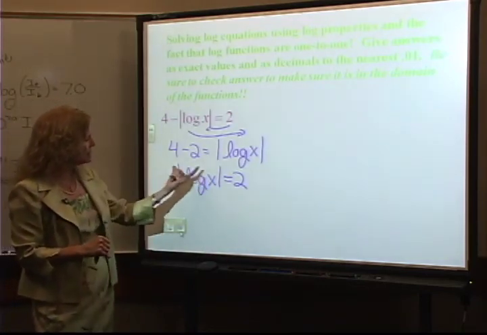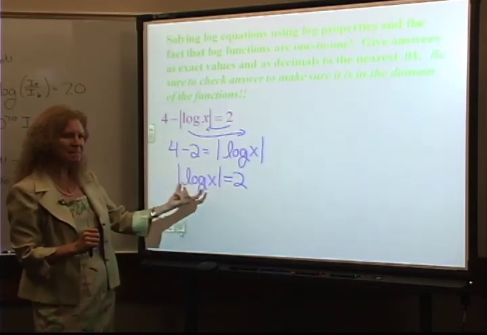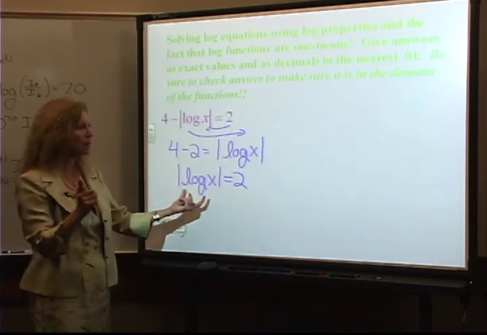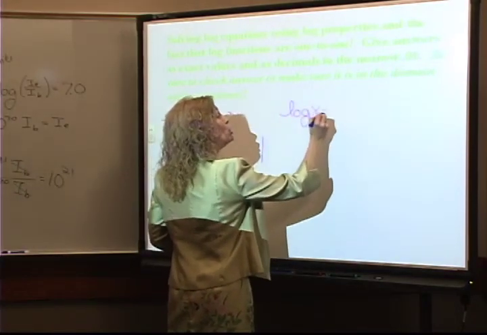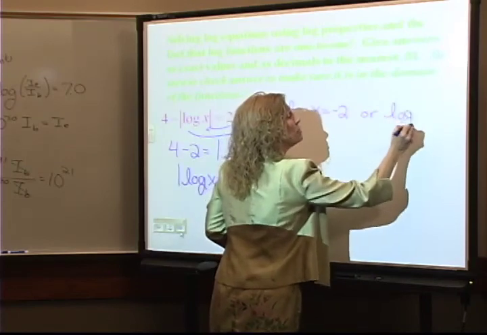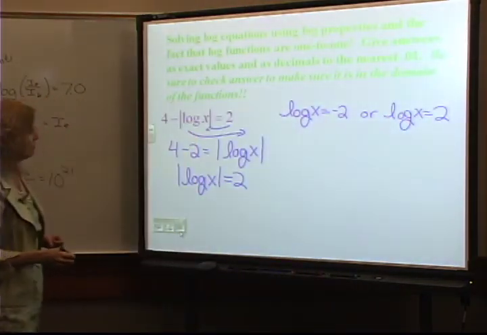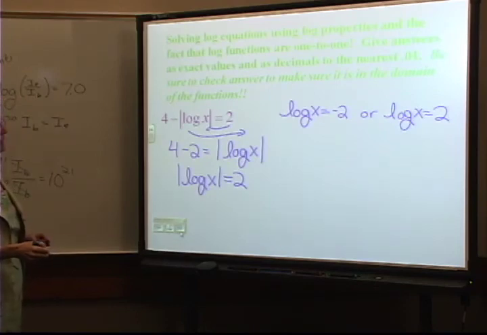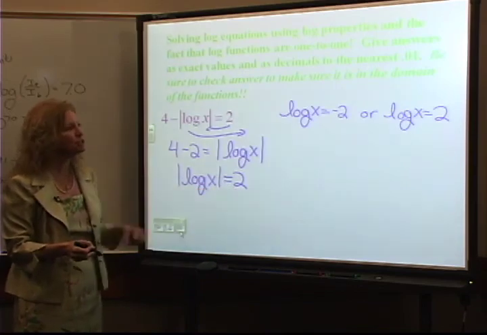So if his absolute value is equal to 2, then what does that mean this could be? Doesn't it mean that log x could be negative 2 or log x could be positive 2? Because the absolute value of negative 2 is 2, absolute value of positive 2 is 2.